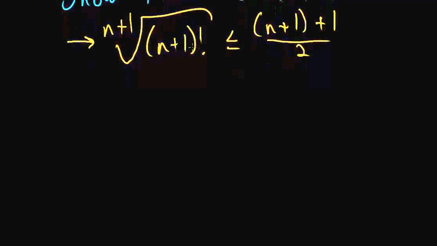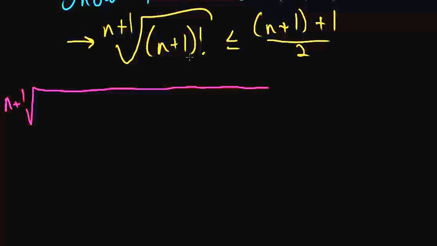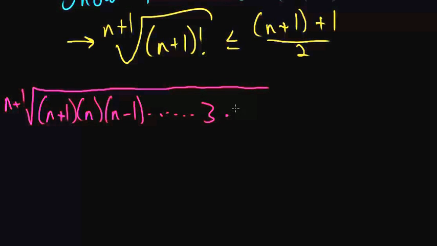What we can do to start is to expand n plus 1 factorial. So we have the n plus 1 root of n plus 1 factorial, which we can write as n plus 1 times n times n minus 1, and so on, all the way to 3 times 2 times 1.